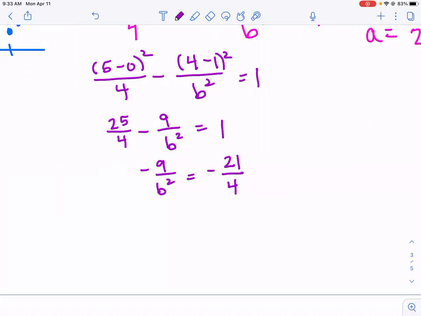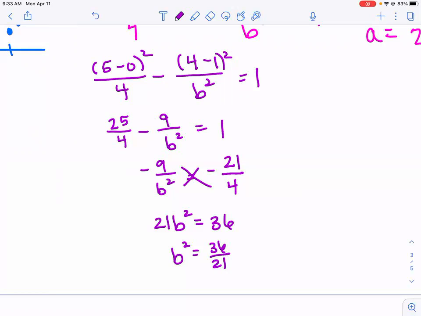Okay, now, sorry about that confusion, we can cross multiply. 21b squared equals 36. So b squared is 36 over 21. Well, this is 1, so this is like 4/4. And we subtracted the 25/4 to get negative 21/4. Okay, cross multiply to get 21b squared equals 36.